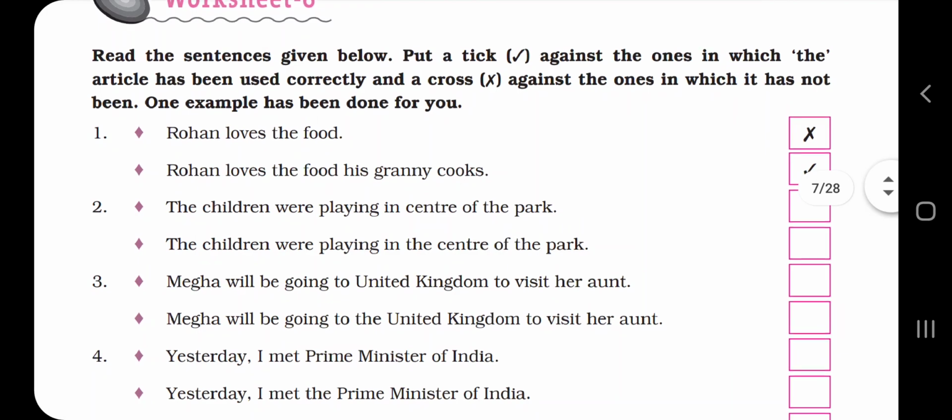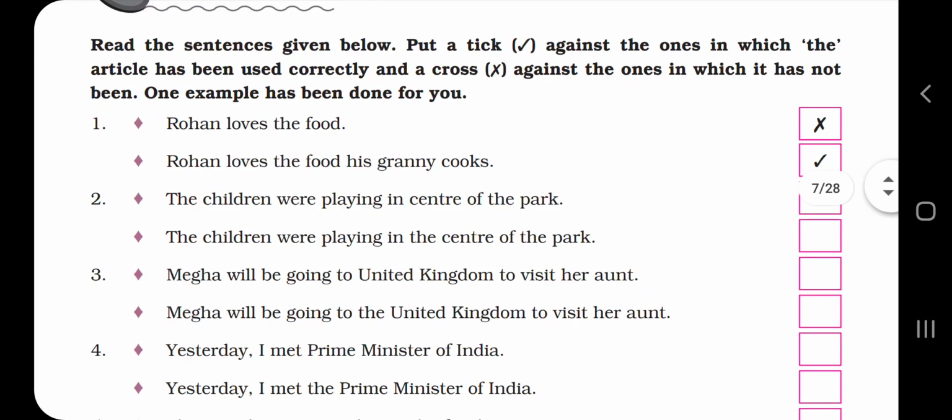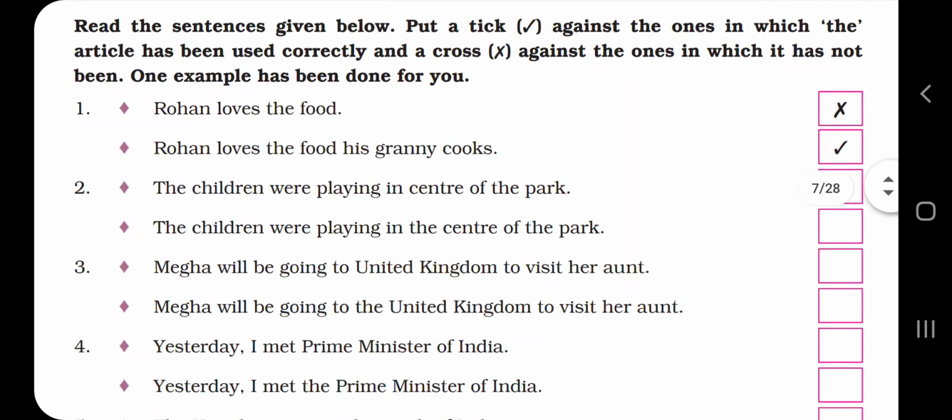You have to correct the error, or you have to pick out the correct ones. Okay, it's very easy, and you have understood by now where the articles have to be used. Let's see. Like one is given, Rohan loves the food. His granny cooks the food.